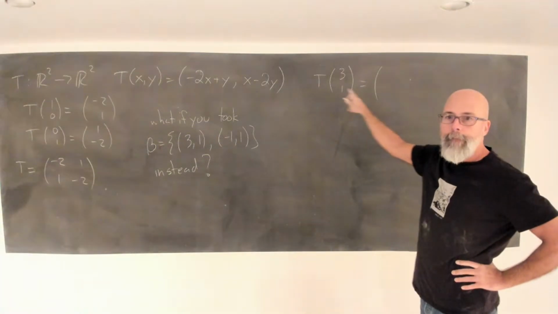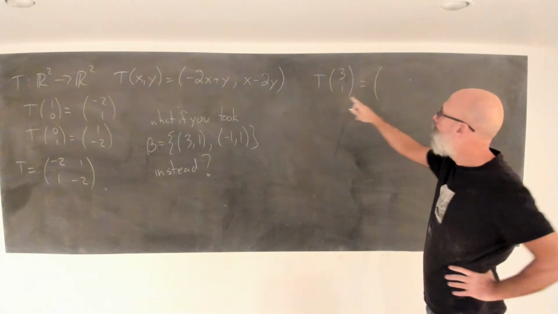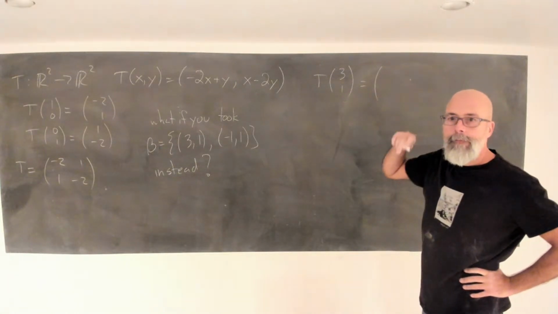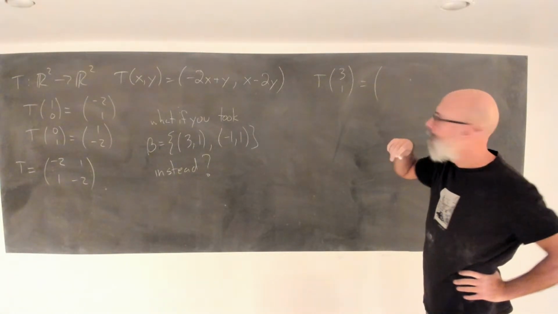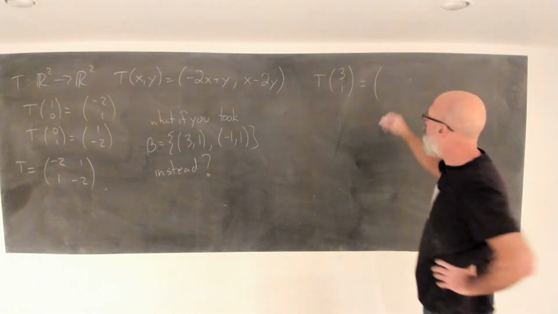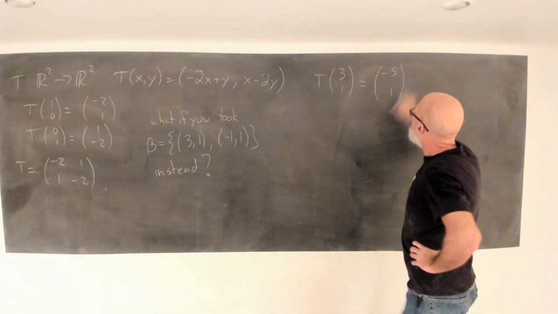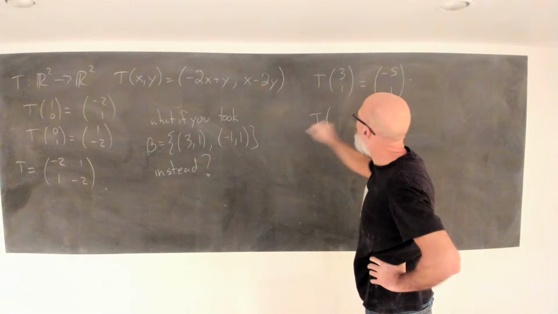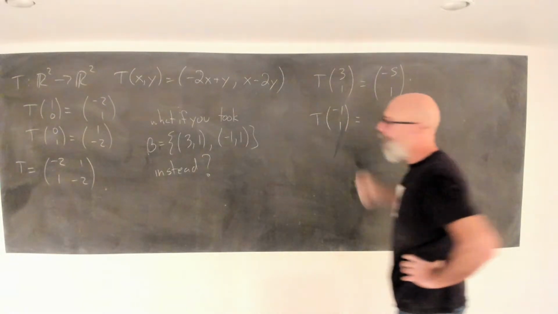Same, T of 3, 1. Who has it? Nobody? Minus 5, 1, thank you. And T of minus 1, 1.